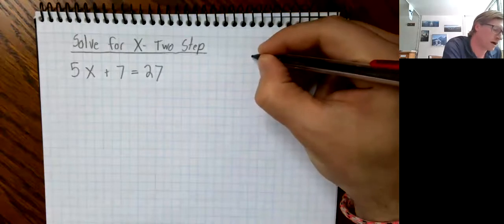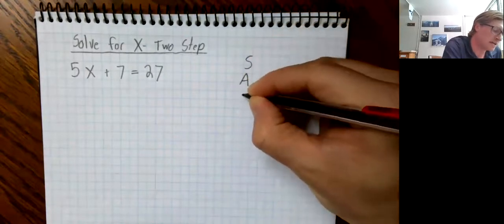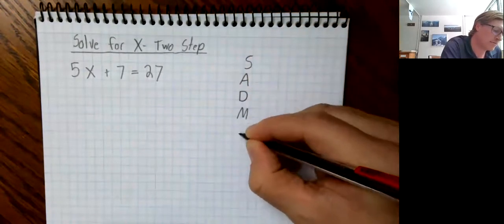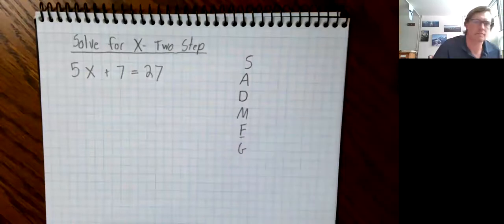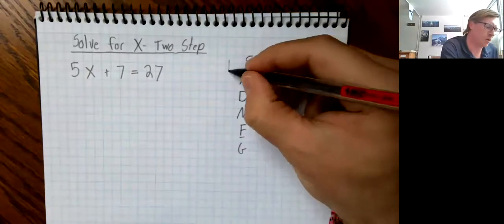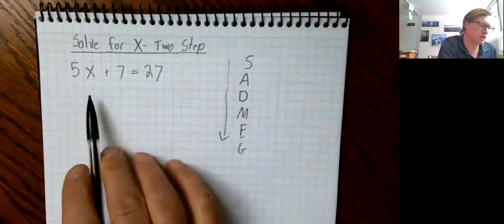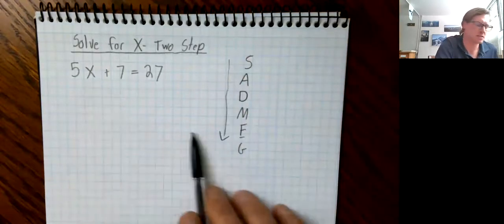And we're going to use our friend SADMEG, and this is going to be the order we use to isolate x.